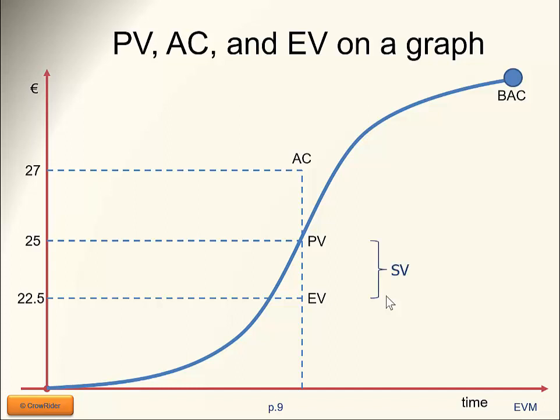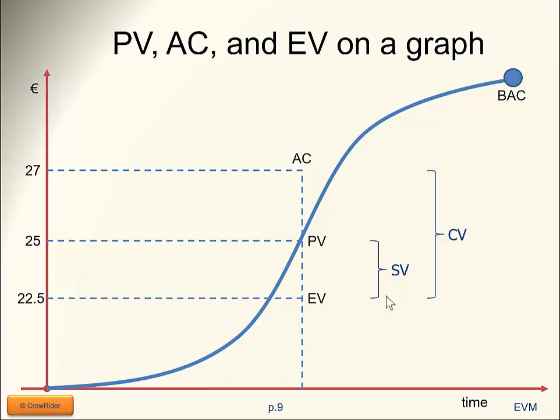That difference there, negative, is the schedule variance, because the earned value is smaller than the planned value. Earned value minus actual cost was my cost variance, and here is the measure of my cost variance.